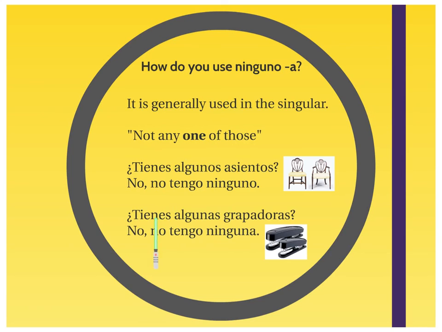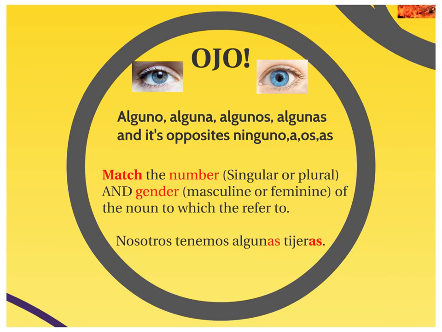Okay? ¿Tienes algunas grapadoras? No tengo ninguna. And I use ninguna here because this is grapadora. I use ninguno here because this is asientos. So grapadoras, ninguna. Asientos, ninguno. So this is basically saying I don't have any one of those in that group of a specific topic.